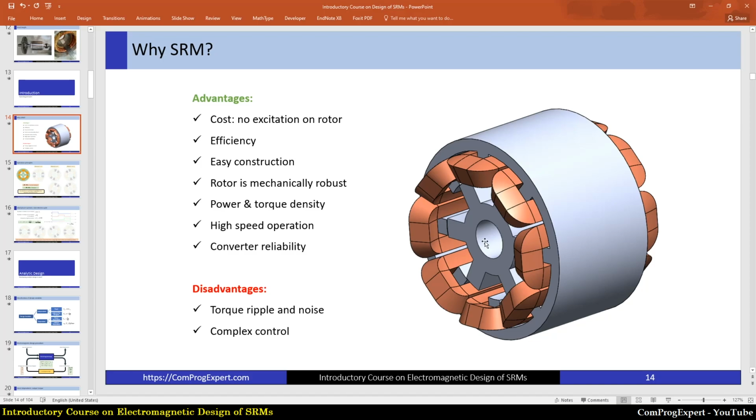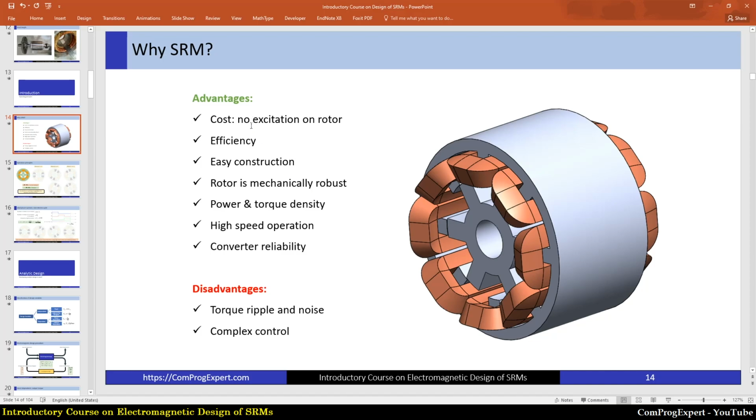So this is one advantage for this motor type because the rotor structure is simple. It's not like induction motor. In induction motor we have to do aluminum casting, so the manufacturing process is more complicated. So this is actually one advantage of this motor type, right, in comparison with induction motor or permanent magnet motors.